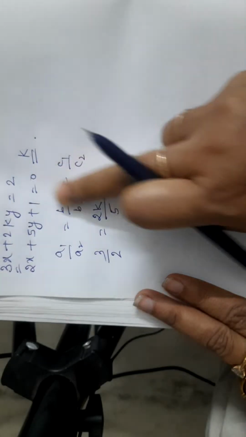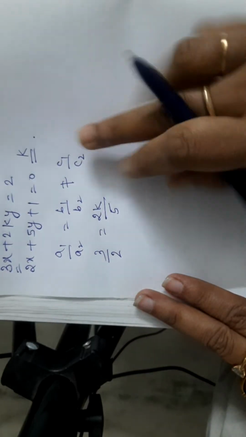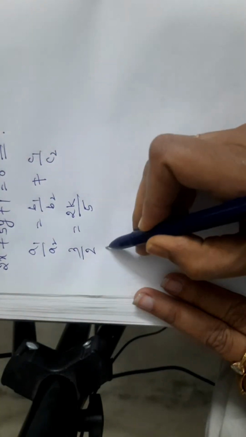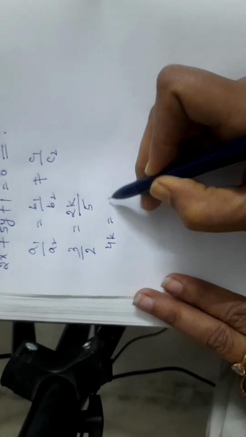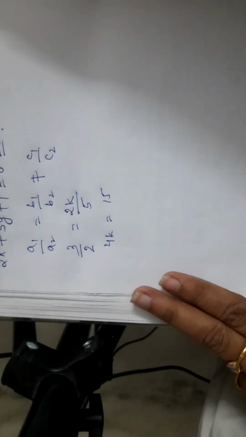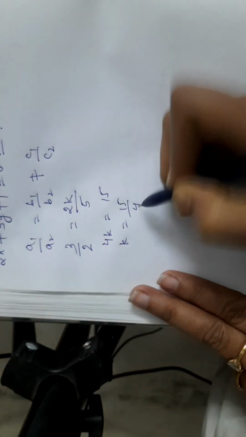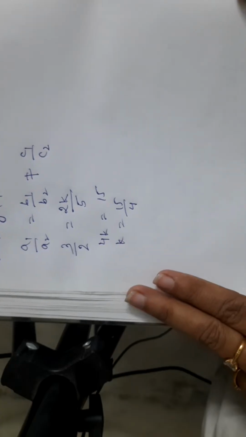As not equal to C1 upon C2 is not needed, we'll skip it, having cross multiplication. So that is 4k is equal to 15. Thus k is equal to 15 by 4. So this is the final answer.